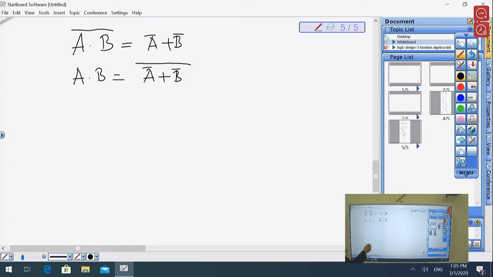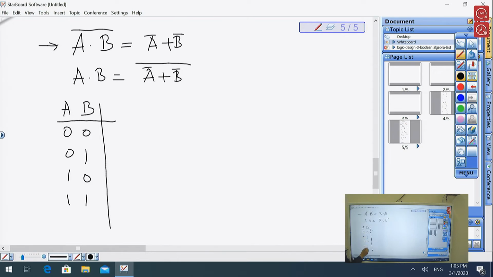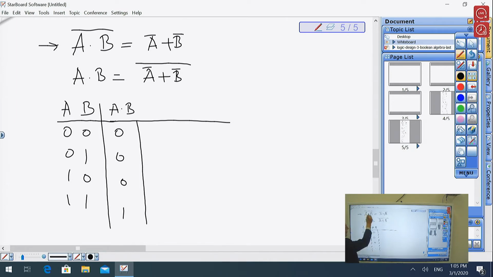The same form. To prove it, for example, by means of truth table, A, B, we list the 4 states. A and B: 0, 0, 0, 1, and A and B complemented: 1, 1, 1, 0.